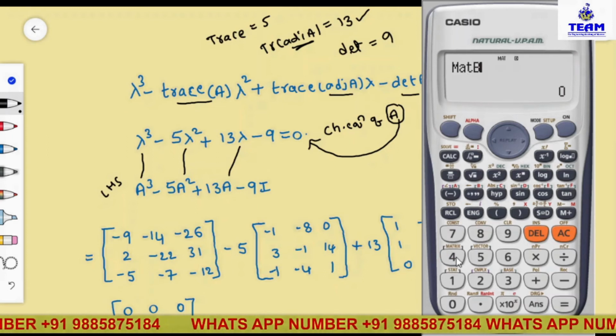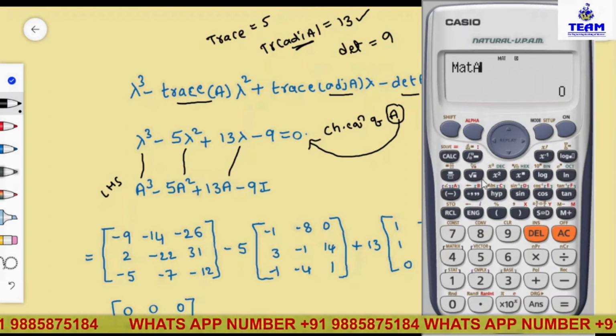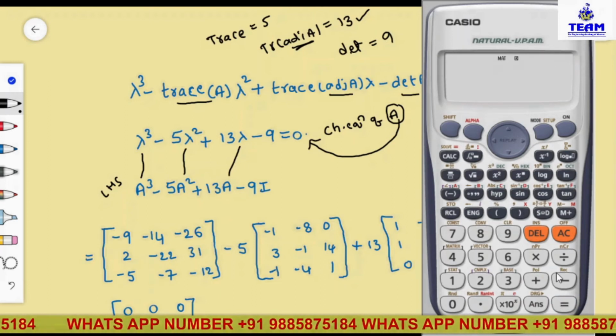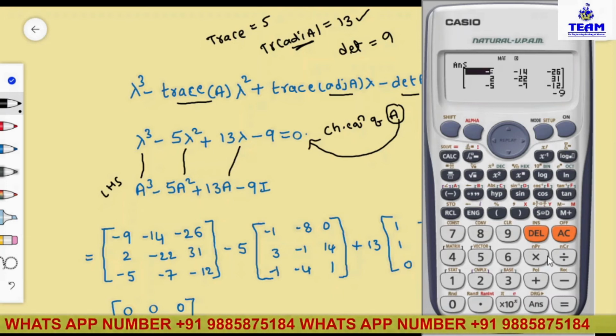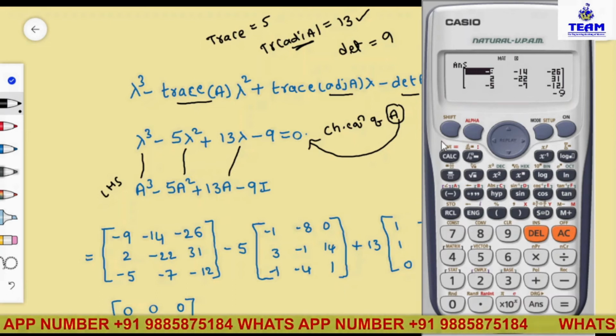One moment please. Shift 4, Mat A, shift x square, Mat A cube. Like this, friends, directly you can write the calculator output. No need to write A into A in the exam hall.